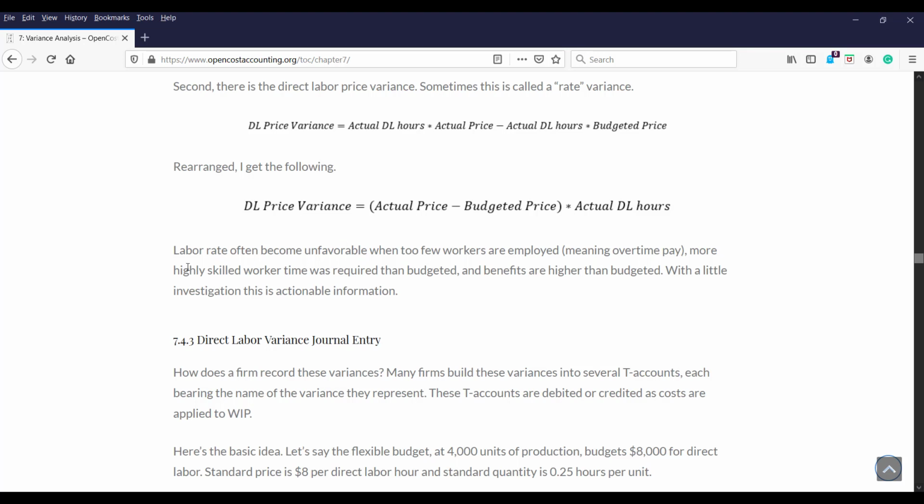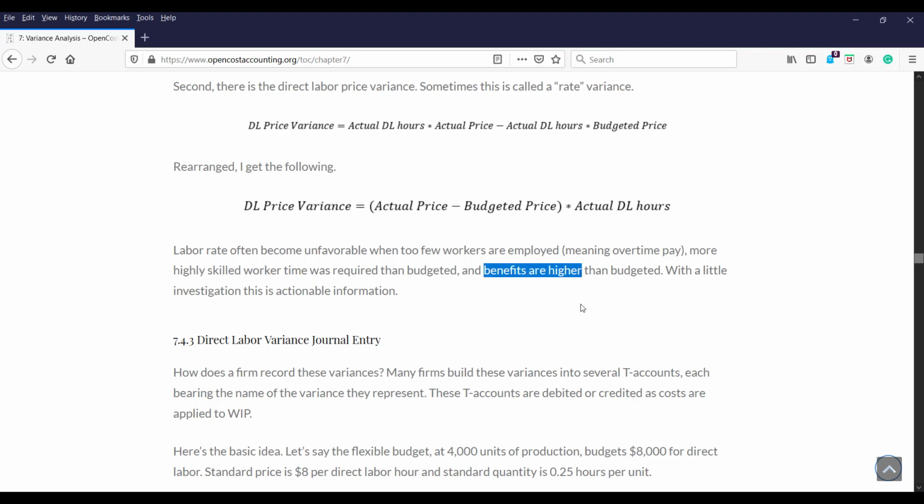Also, I like these points that I picked out here. Maybe you have multiple workers working on it, and for some reason this particular period required more of the highly skilled worker's time than the lower skilled worker's time, and so the mix of workers you have has perhaps a higher price to his or her time on average. Also, perhaps benefits have shot up.